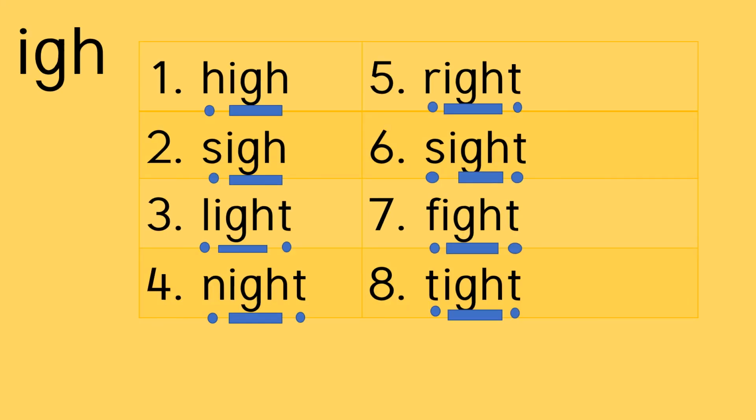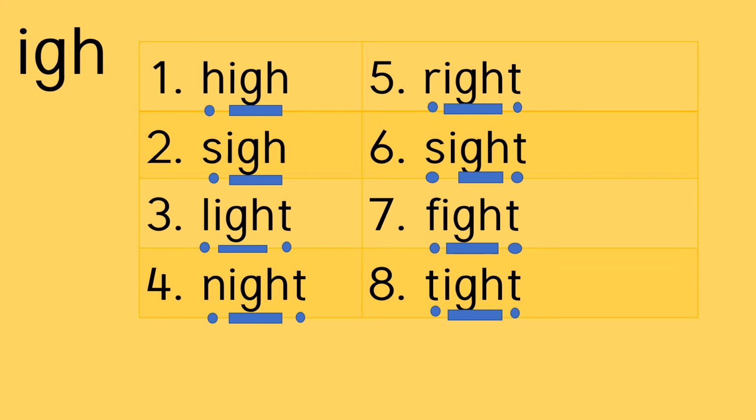And let's do some more blending. So we spot any graphemes, and each one has got the igh in there. So we must say that as /ie/. Okay, so number 1, h-igh. Hi. Your turn. Number 2, s-igh. Sigh. Number 3, l-igh-t. Light. Number 4, n-igh-t.